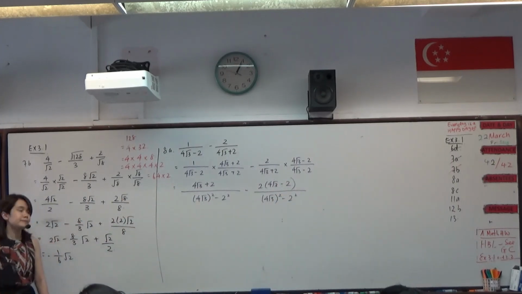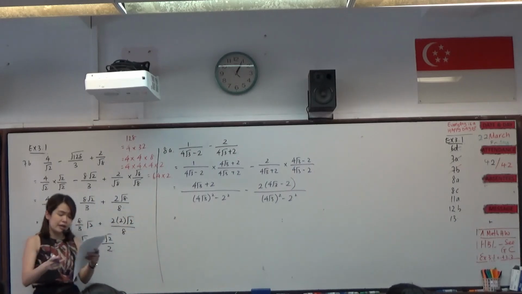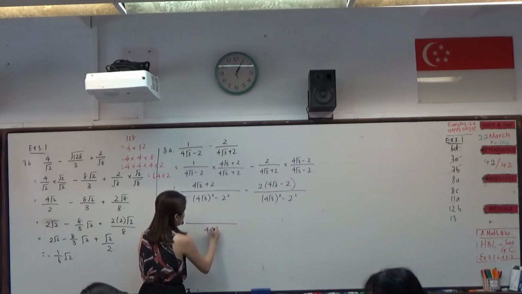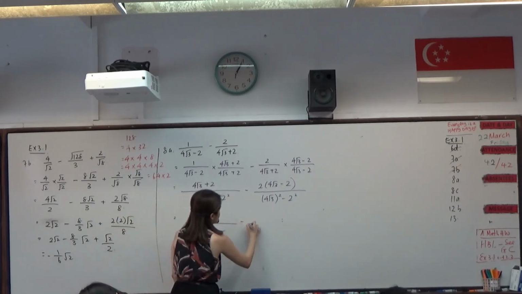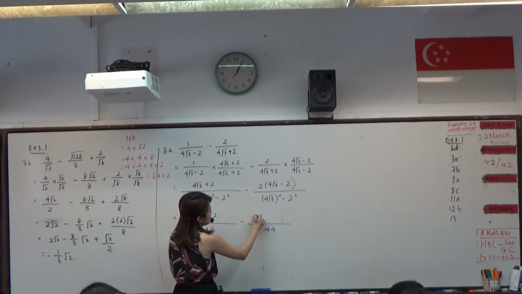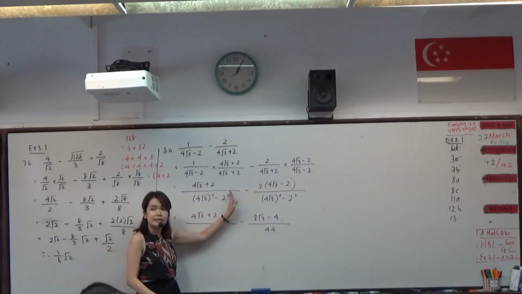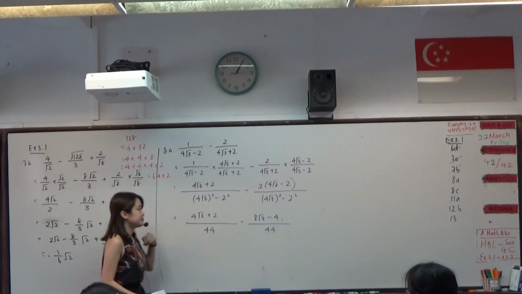So in the denominator, use your calculator; numerator, expect an integer. We will get 44. In this numerator, expand it, we get 8 root 3 minus 4. Keep in mind that the minus sign stays outside of the fraction. We are not bringing it into our expansion.